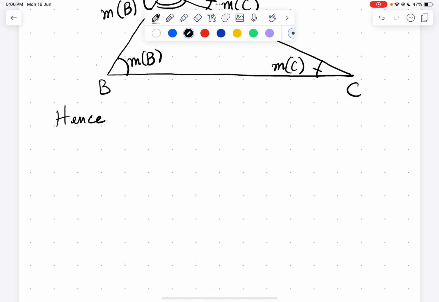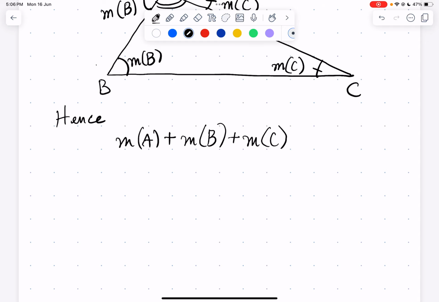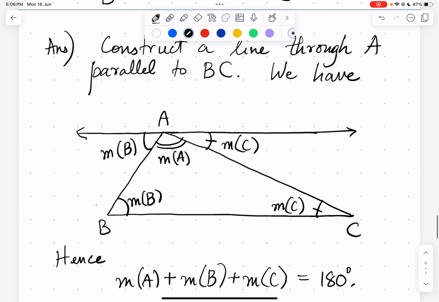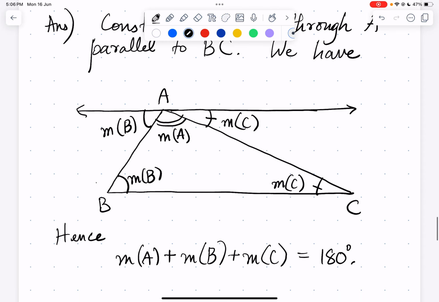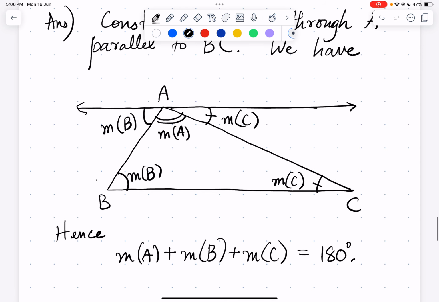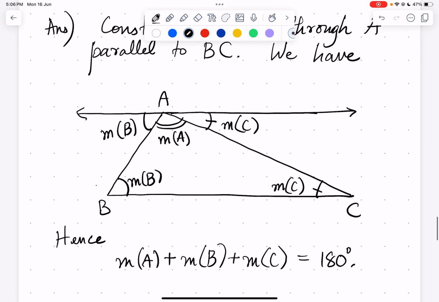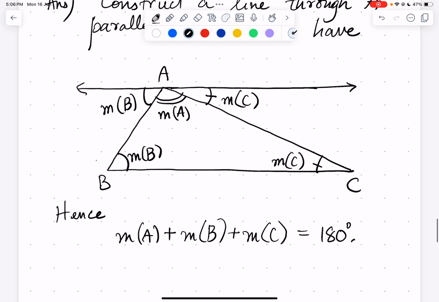Hence, the sum of the angles at the vertices should add up to 180 degrees. So from this diagram we see that the sum of the angles of the triangle must add up to 180 degrees.